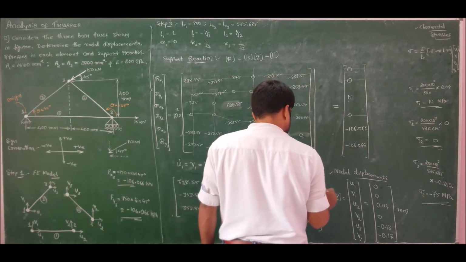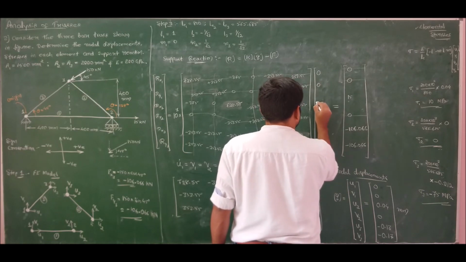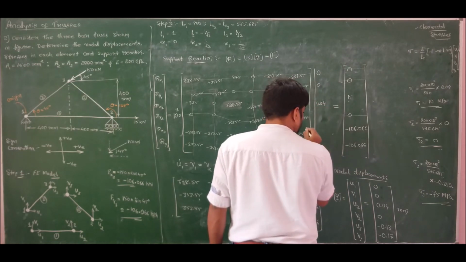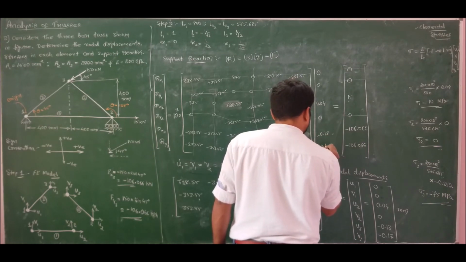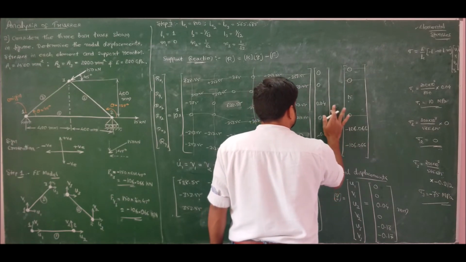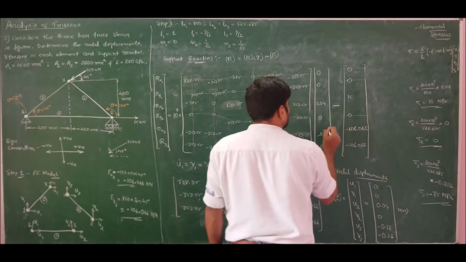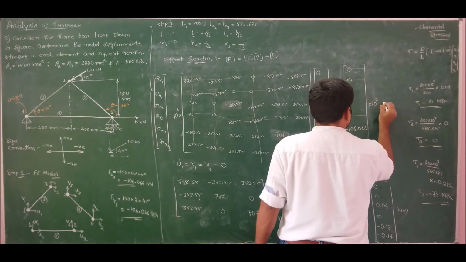Q matrix is known to us: 0, 0, 0.04, 0, minus 0.13, minus 0.17, minus F. This is multiplied by 10 to the power of 3.